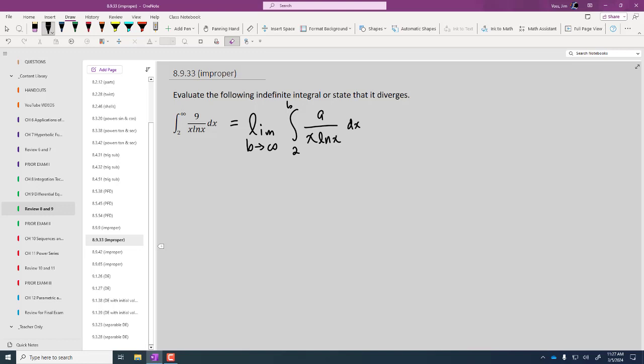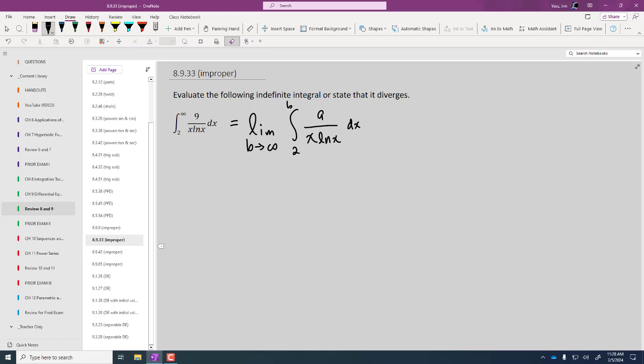It's not as big as x squared, but it's definitely bigger than just x. X times ln x, right? Ln x is bigger than 1 after you get past 1. So it's a little bigger than x. And the answer, well, we'll find out if we're not clear in our minds yet, but we probably suspect that it's going to converge, that multiplying by ln x is probably enough of a bump on the x.